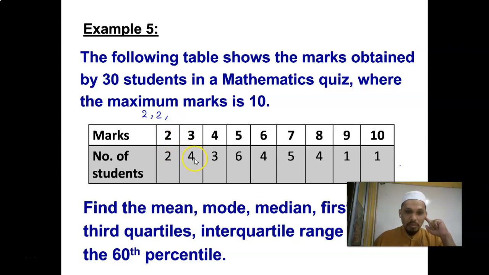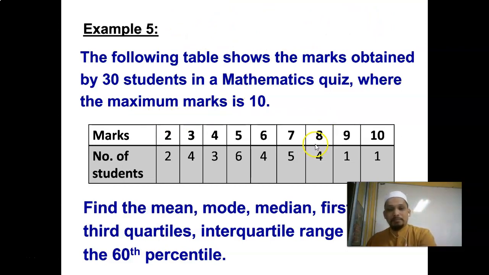Then 4 students getting 3 marks, 3, 3, 3, and 3. 3 of the students getting 4 marks, 4, 4, 4. 6 of them getting 5, 5, 5, 5, 5, 5. There's not much space for me to list all here, unless I rewrite on top of this question. It's okay, never mind.